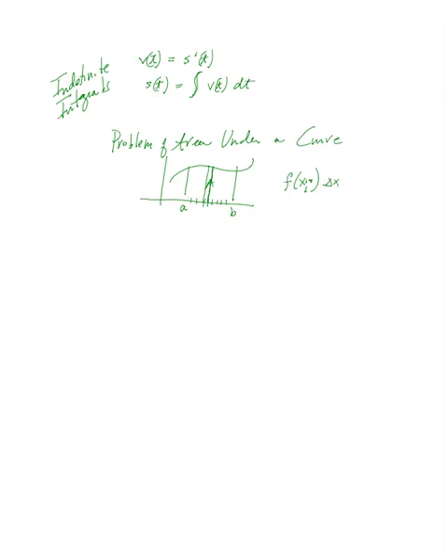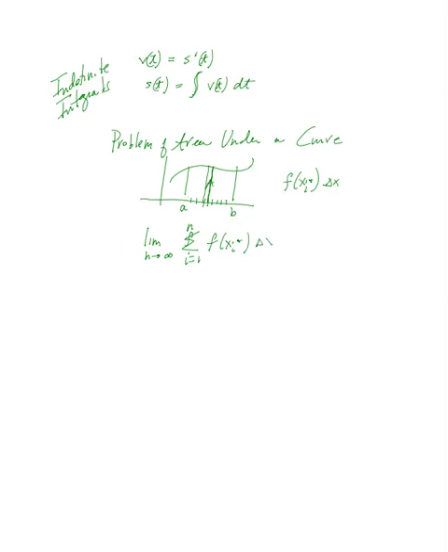If you just use 3 or 4 rectangles, you're not going to get a good approximation of the area. Although if you use midpoints rather than left or right-hand endpoints, you get a better approximation. But to get really good approximations, you have to use lots of rectangles. Then what did we do? We didn't use 4 or 6 rectangles. We used n rectangles. And we took the limit as n approaches infinity of our sum as i goes from 1 to n of f of x sub i star delta x.